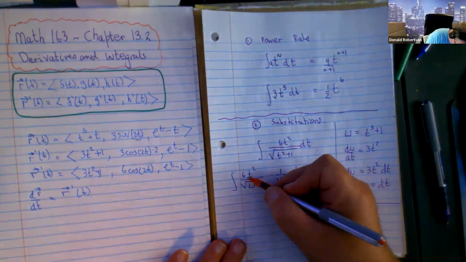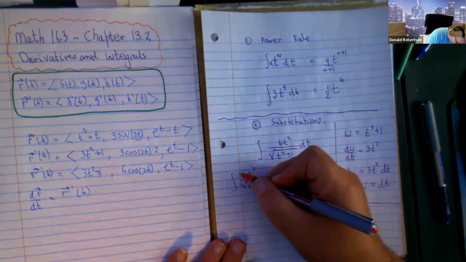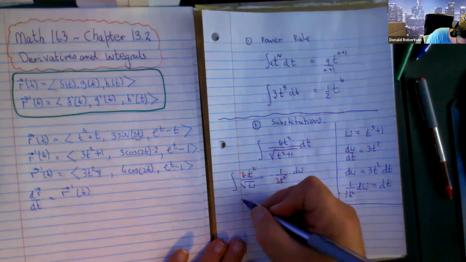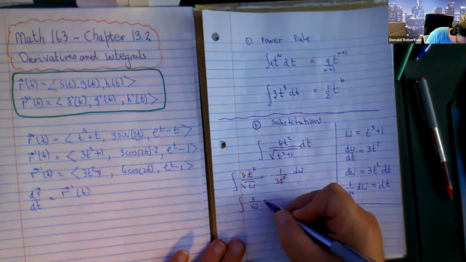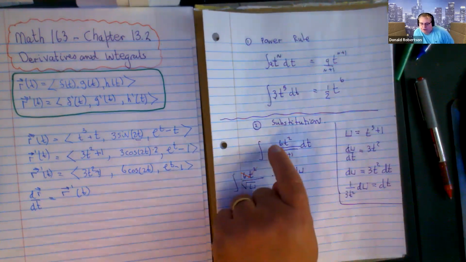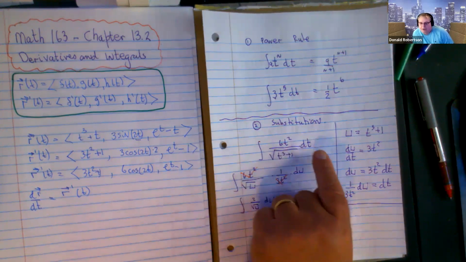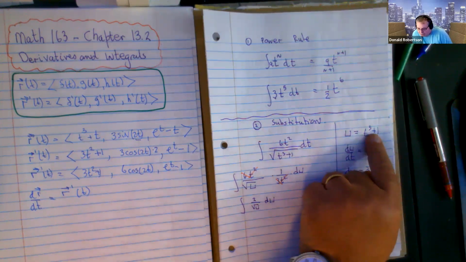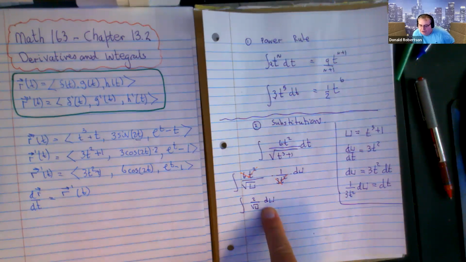Typically you get a lot of cancelling: the t squareds kill each other off, those two numbers reduce, and we're now looking at 2 over the square root of u du. So the idea of substitution is that you take an integral that's really difficult or impossible to do, and by choice of a u sub, reduce it into a different integral which is easier and hopefully doable.